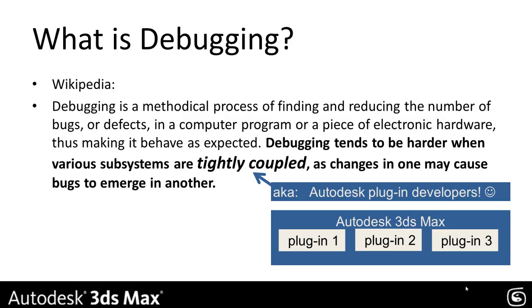Working with 3ds Max, you're a plugin, and because you're a DLL, you are very tightly coupled to the 3ds Max.exe, of course. And so changes in Max may cause bugs in your product. Changes in your product may cause bugs in Max. So you need to keep this in mind that you are running in the same process space, and just be aware that Max changes from release to release.